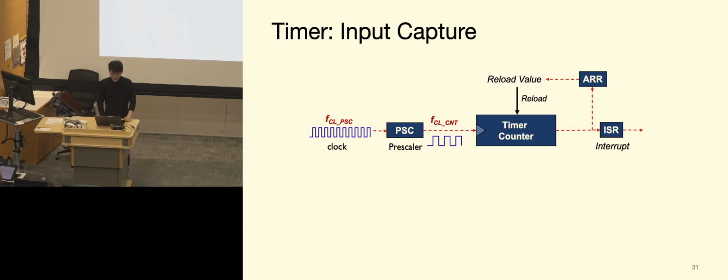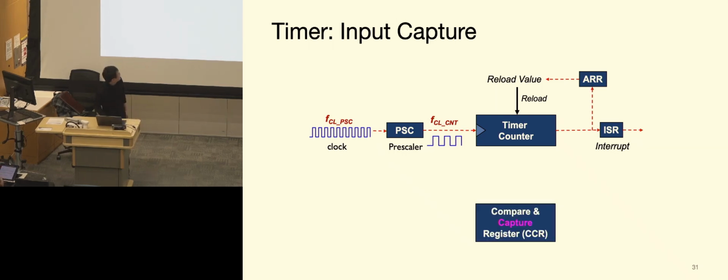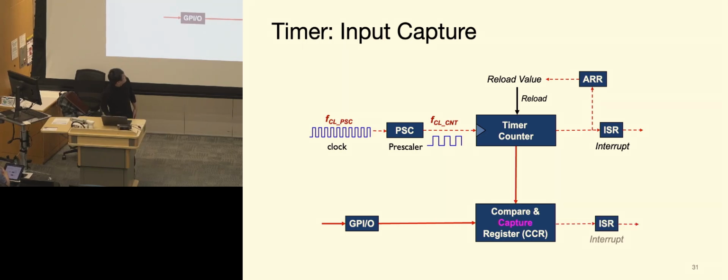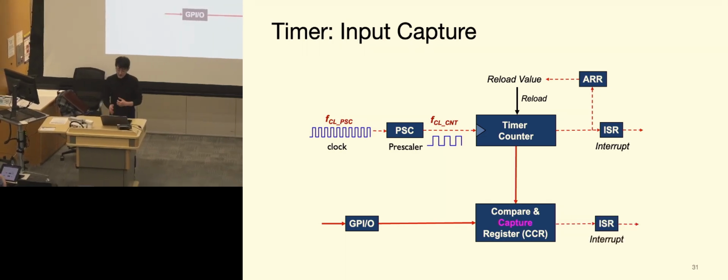Okay, and yeah, the timer can also be used for input capture. So basically, when a specific external event happens, for example the rising edge of the external signal on a GPIO pin, the hardware will automatically copy the current value of the timer counter into the CCR, the capture and compare register.